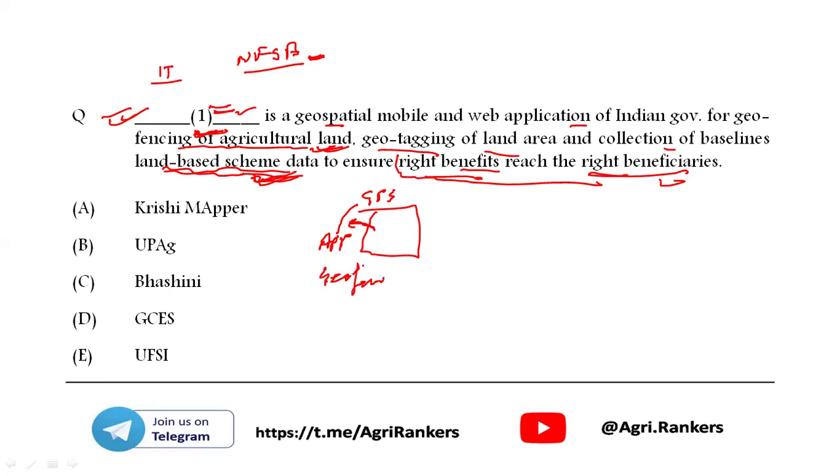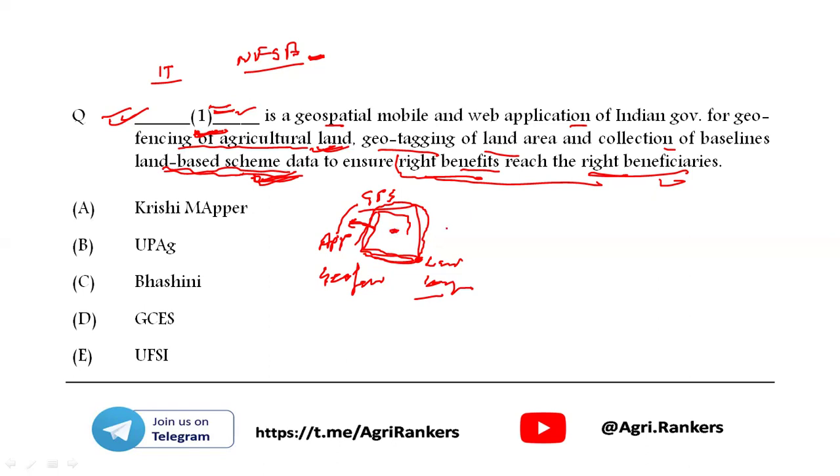Geofencing is, the official will exactly demarcate the area of the land, what is the area of your land, by giving the coordinates in latitude and longitude. You know what latitude and longitude are, you must be aware of. So this is the first thing that this app will facilitate: geotagging and geofencing. Adding latitude and longitude to all the four corners of your land, that is geofencing, and just giving a latitude and longitude of the position of the land, that is geotagging.